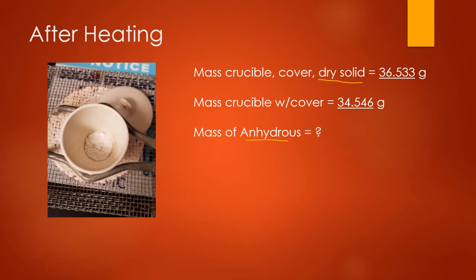So to get the dry solid by itself, we need to subtract out the mass of the crucible and cover. And that's what this number here, the 34.546, represents. It represents just the crucible and cover. So if we subtract these two numbers, we will be left with just the dry solid, the anhydrous compound.